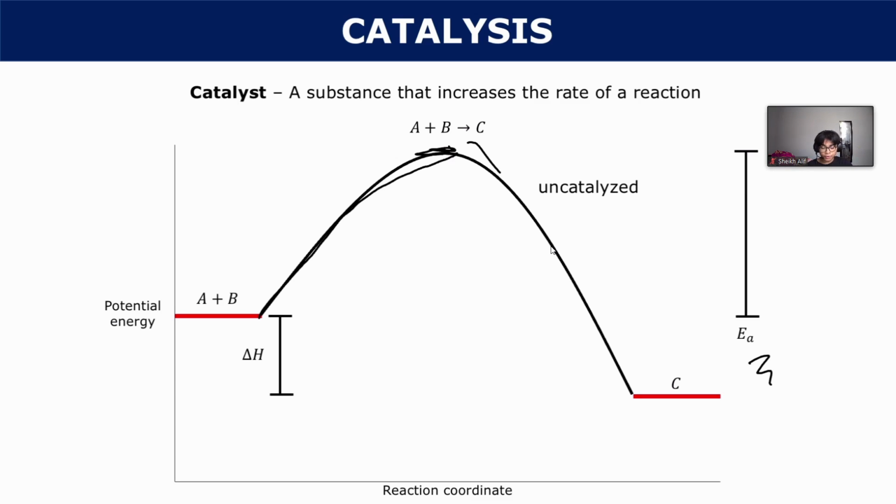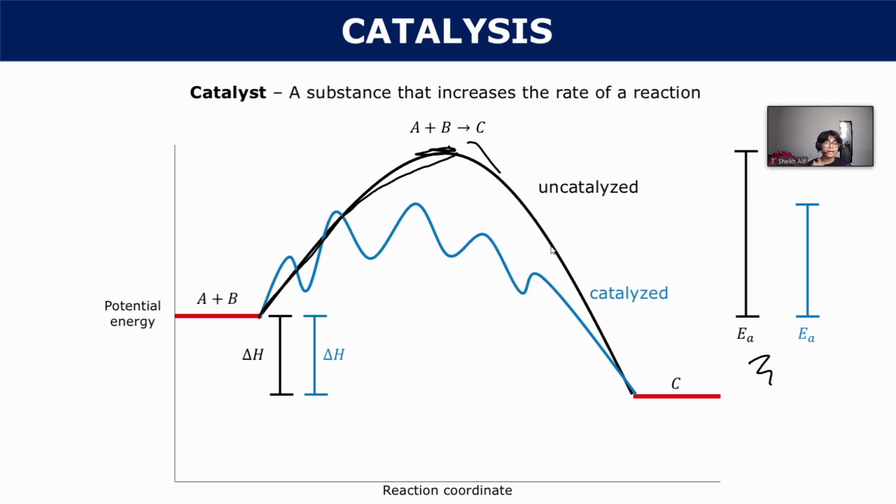But if your reaction was catalyzed, you might have something like this. You can see it's taking a different pathway. This pathway looks a lot more complicated, but the activation energy is overall less. It's like here as opposed to all the way over here in the uncatalyzed reaction, so the activation energy has decreased.